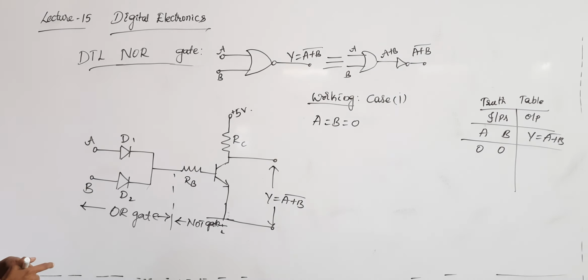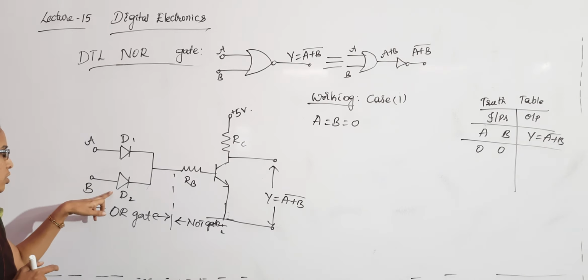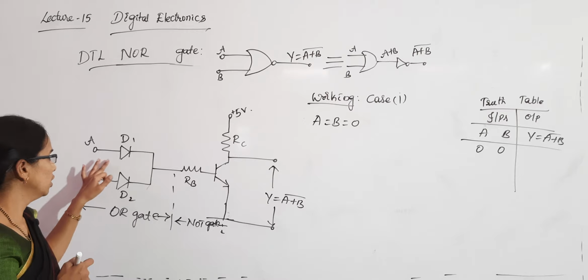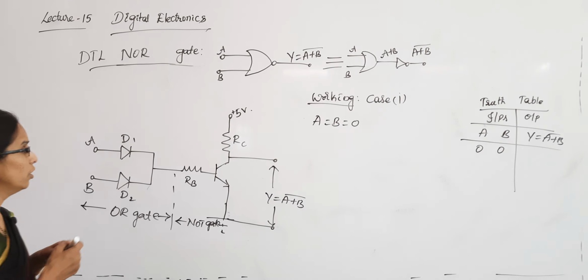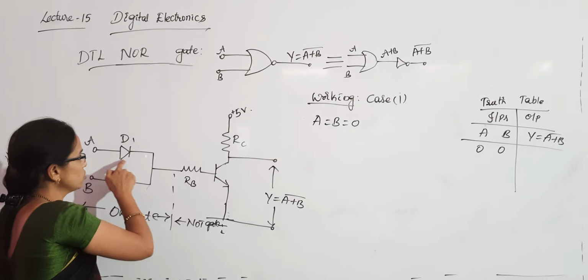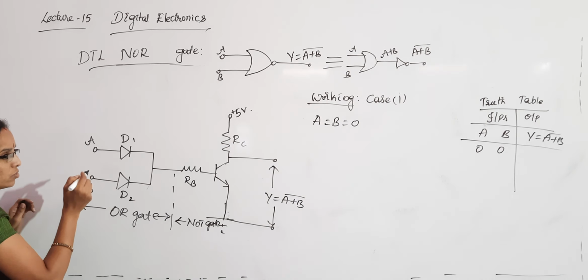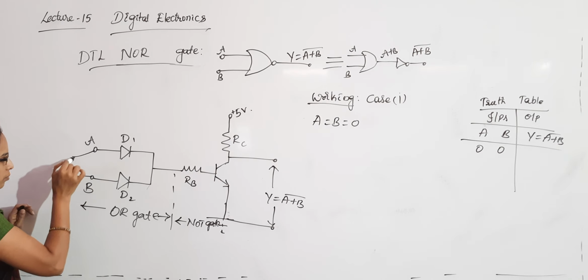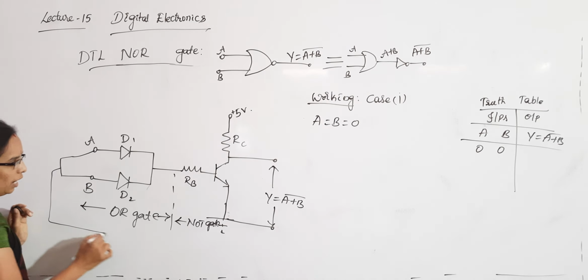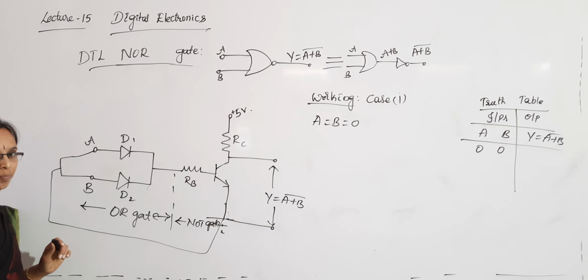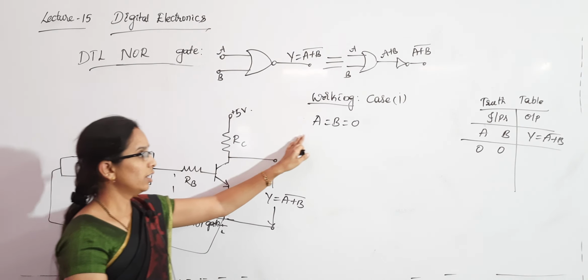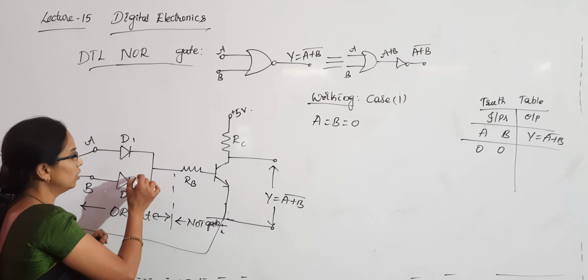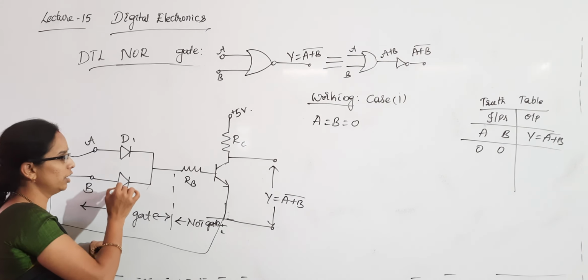Both the diodes will be reverse biased, right? When A is equal to 0 and B is equal to 0, in the sense both are connected to ground, both are shorted and connected to ground. These two will be reverse biased, so no current flows through the diodes.